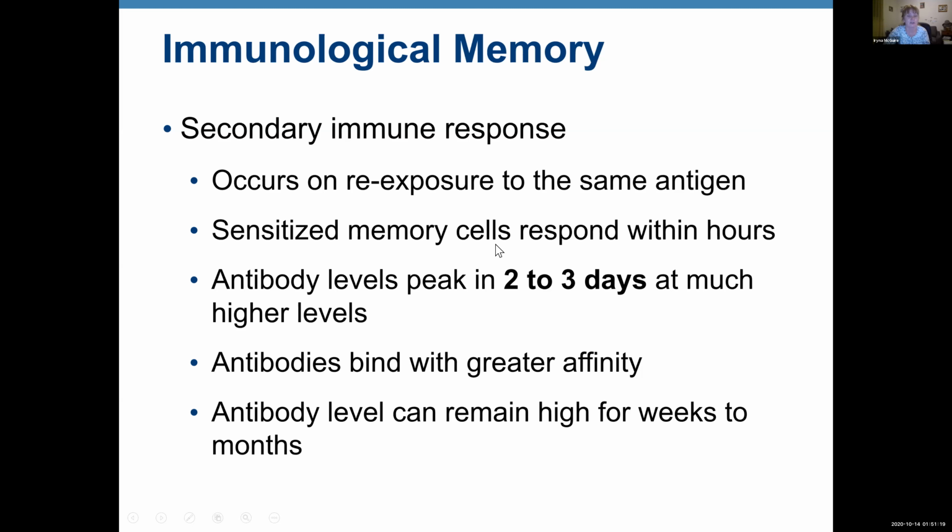Memory cells, which were synthesized during your primary immune response, respond within hours. Then the antibody level peaks in 2 to 3 days, not 6 days, and at much higher levels. Antibodies bind with greater affinity, and the antibody level can remain high for weeks to months.